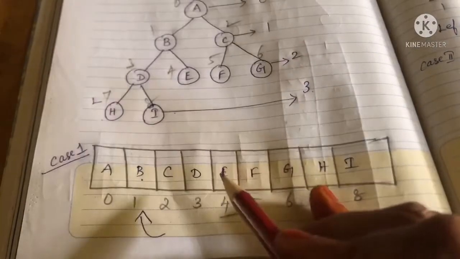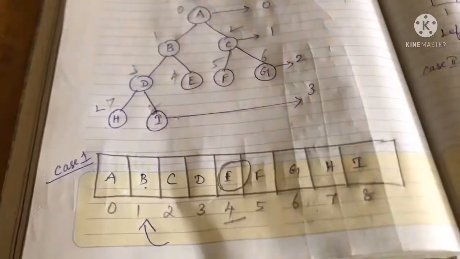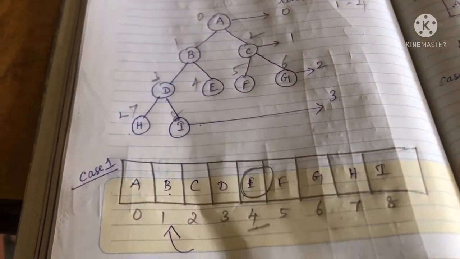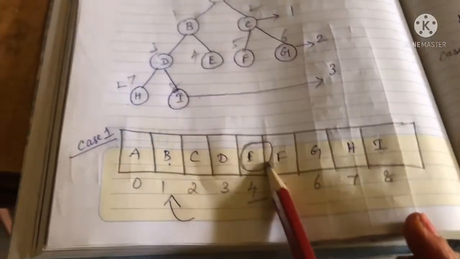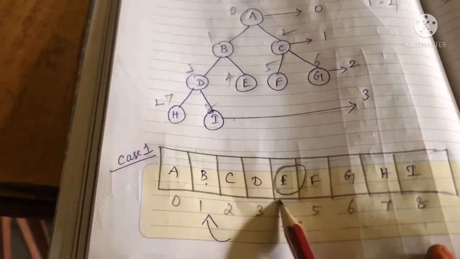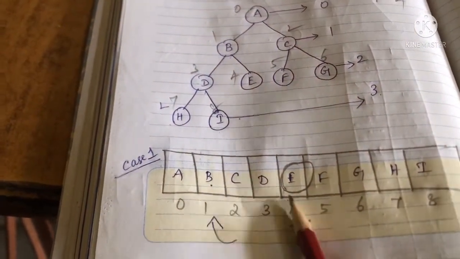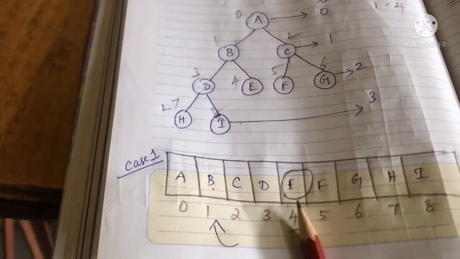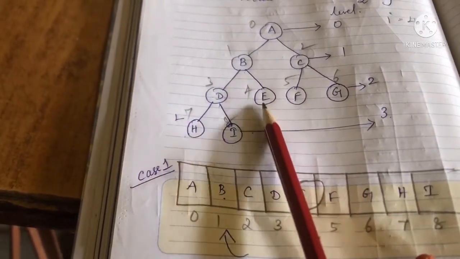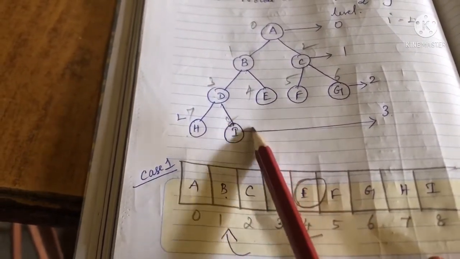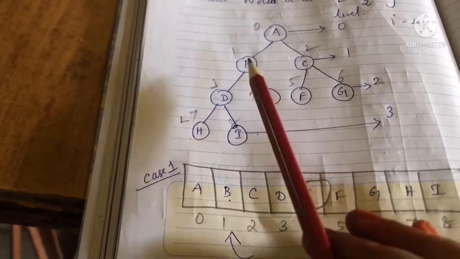It is E. Without using the formulas, I want to know the left child of E, the right child of E, and the parent of E. If I see the structure, I can easily tell: E doesn't have a left child, E doesn't have a right child, and the parent of E is B.